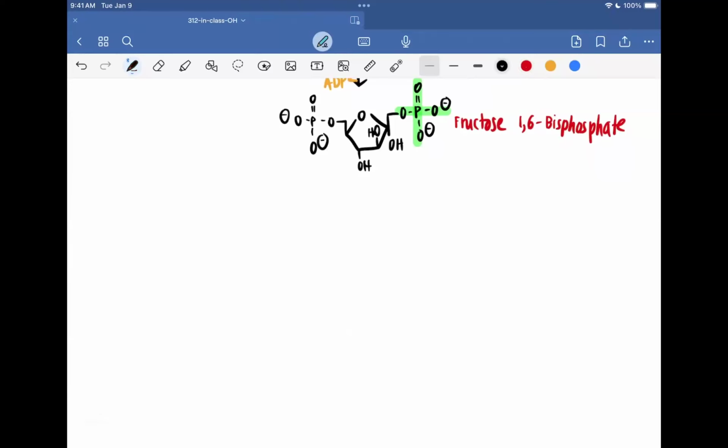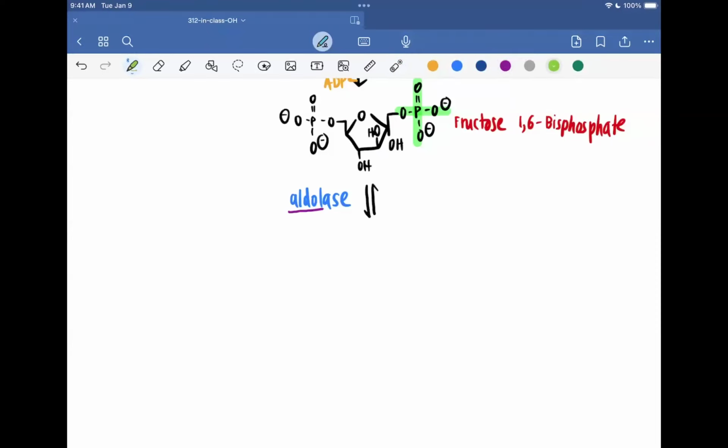Fructose 1,6-bisphosphate is acted on reversibly by the enzyme aldolase. And the name aldolase is giving us an idea about the mechanism involving aldol condensation. And this step is a little bit unique from what we've highlighted so far, where we have our 6-carbon species that is going to be broken down into 2 3-carbon molecules.